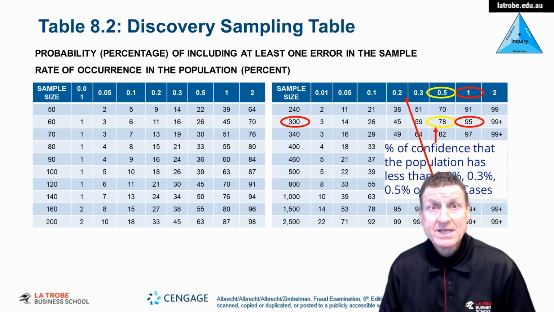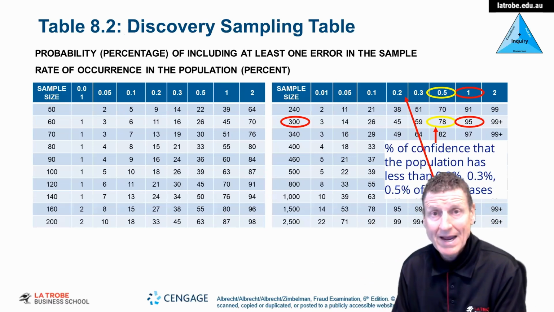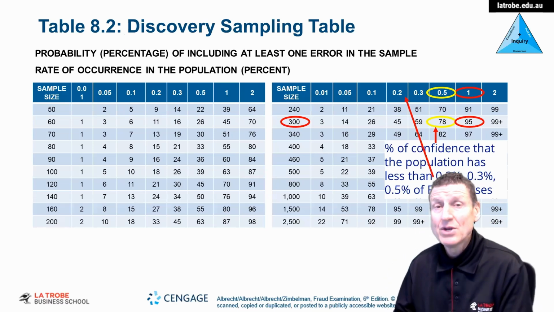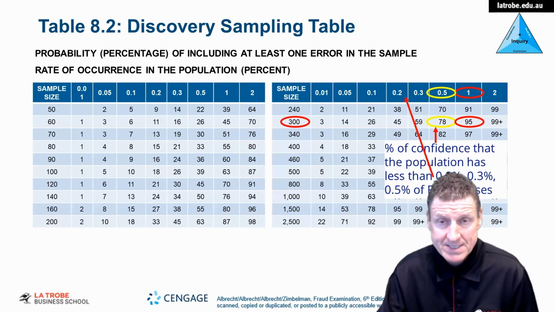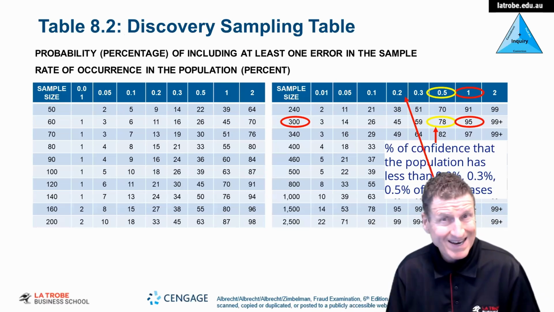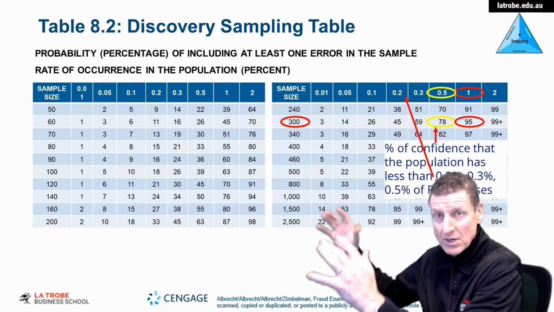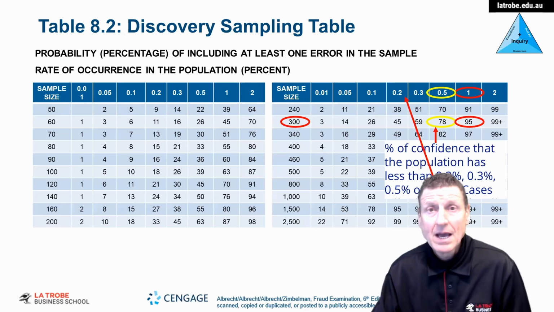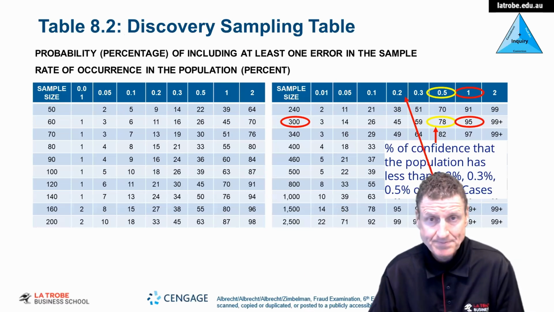Step two is to actually take the sample and count how many fraudulent checks are in that sample. And then you will infer via this table about what level of confidence you can have towards the total population of checks in that company, of that 10,000 population.